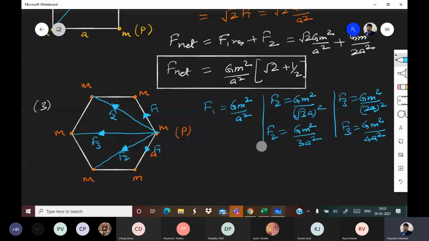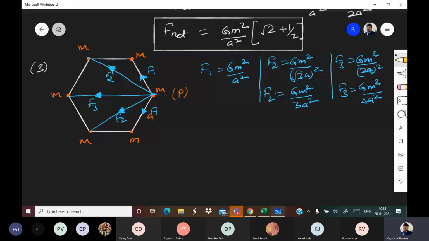The resultant of F1 and F1, I am calling it F1 resultant, and that will be along F3. Similarly, let us first talk about F1 resultant.